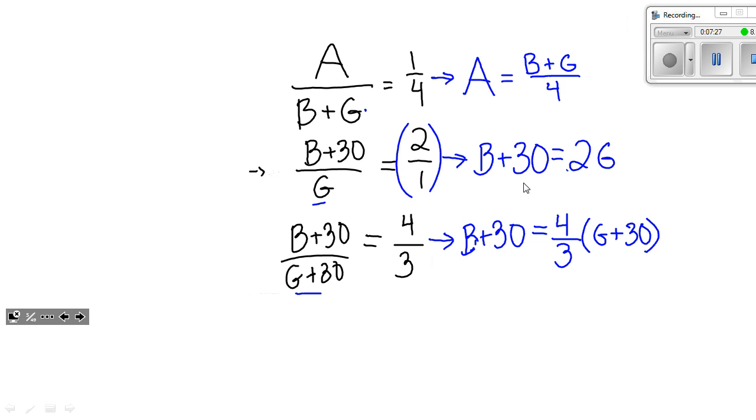So I'm going to take my second equation here. B plus 30 equals 2G, right? Okay, well, what if I take that B plus 30, where else do you see B plus 30? I see it right here, right? So what if I take that 2G and I substitute my B plus 30?